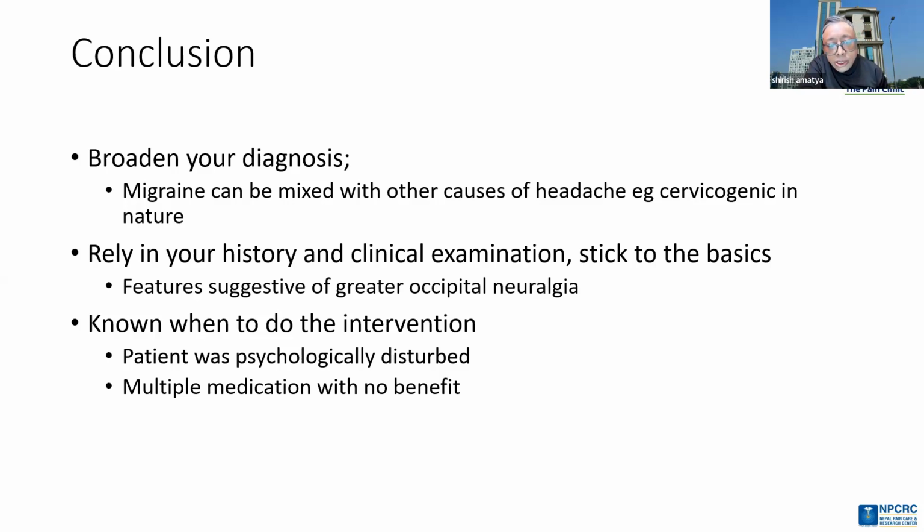So this was basically to prevent the overuse or misuse of opioids. But the same thing can be applied here. If the patient is having multiple medications and it is not relieving, instead of adding on other multiple medications, or instead of just neglecting the pain, you can go for some intervention.